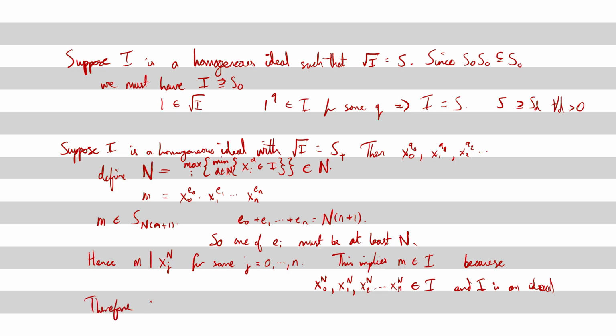Therefore, I contains all forms of degree big N multiplied by little n plus 1. In other words, 2 implies 3.